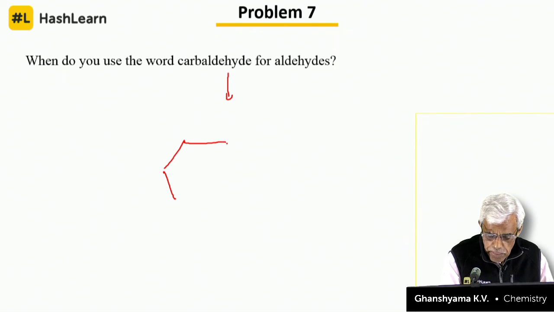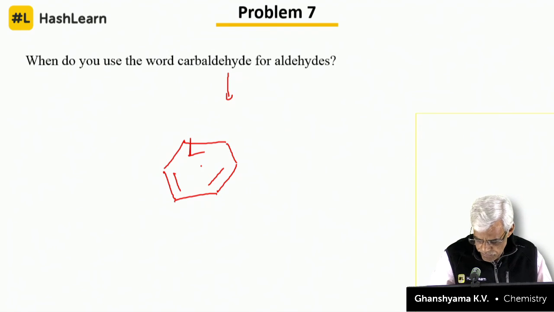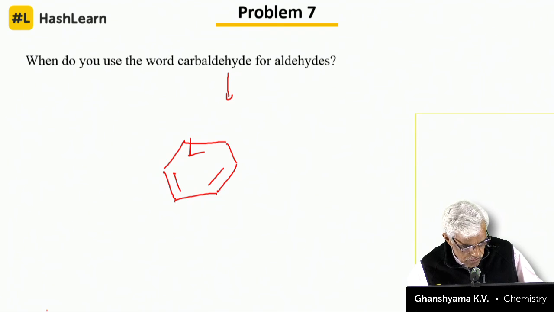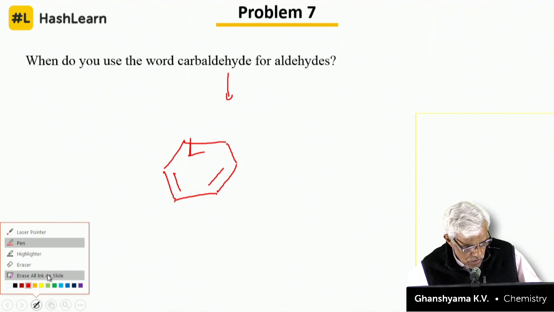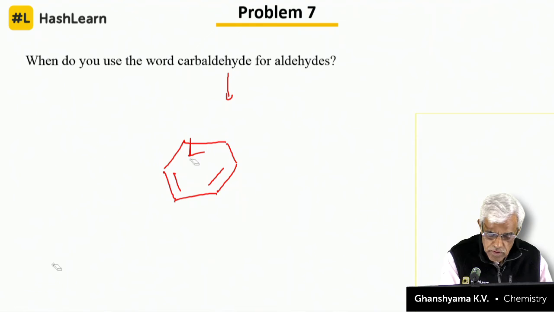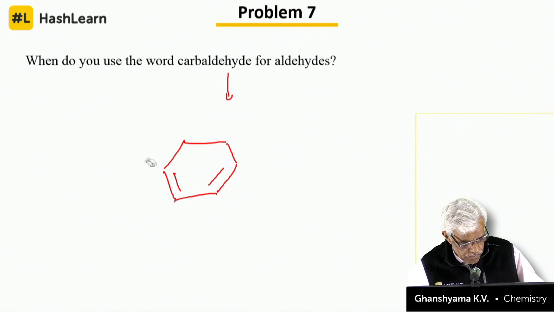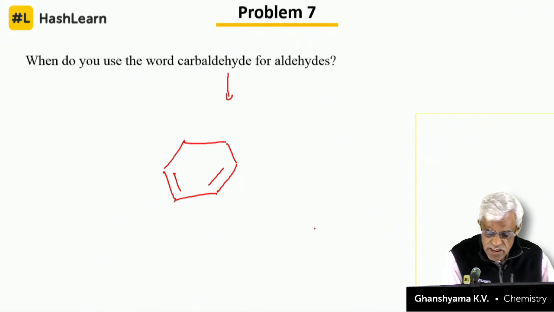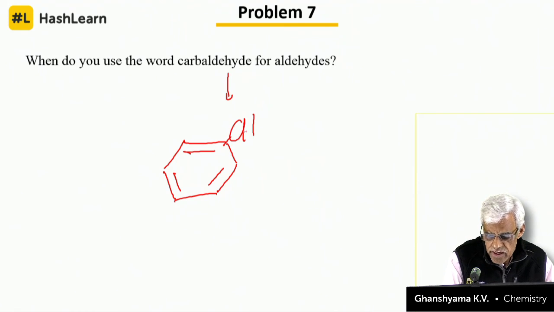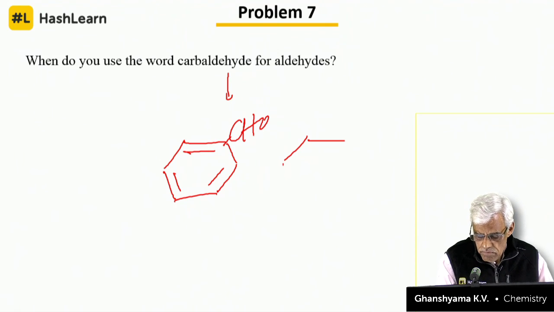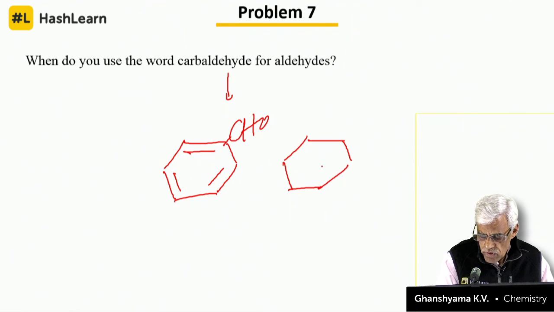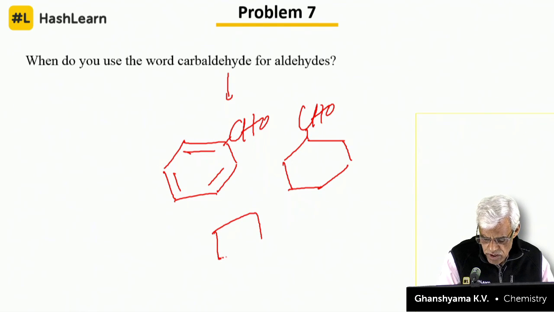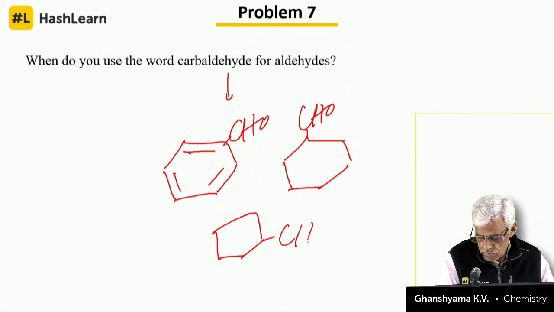When the CHO group is connected to a ring, which may or may not be aromatic, it may be like this.